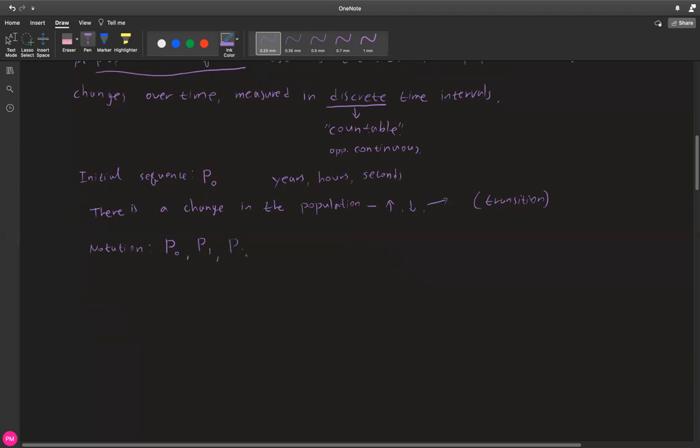P sub 2 is the population after 2 generations, P sub 3, and so on. And we have the population after the nth generation, and it continues because it's a sequence.